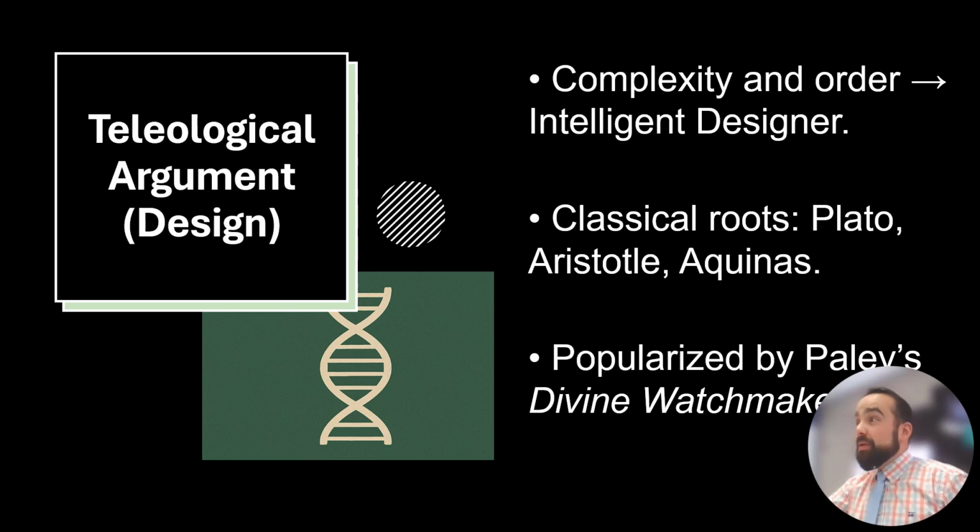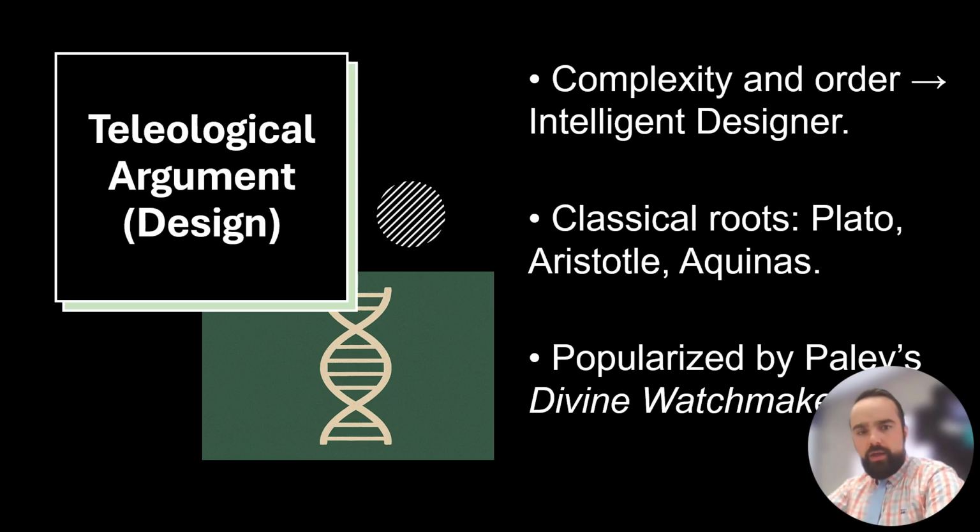Well, if it has a purpose, that must have been put there intentionally. And teleology is looking at what would be the cause of all of this design and purpose in the world around us. And if it's so complex, and if it's so carefully tuned for the existence of life, then it must have been put there by a designer.